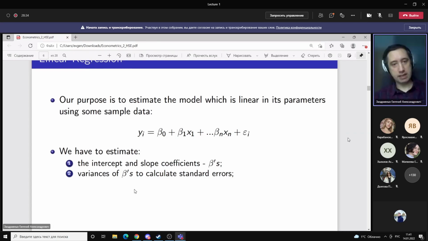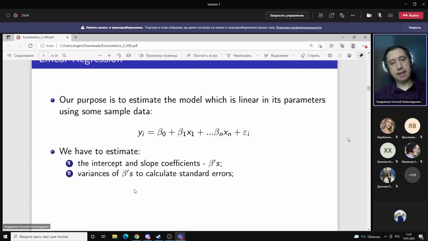But instead of standard deviations, now we calculate standard errors of beta, and they show how precise our estimated intercept and slope coefficients are. If our standard errors are small relative to our betas, it means that our estimations are pretty accurate.